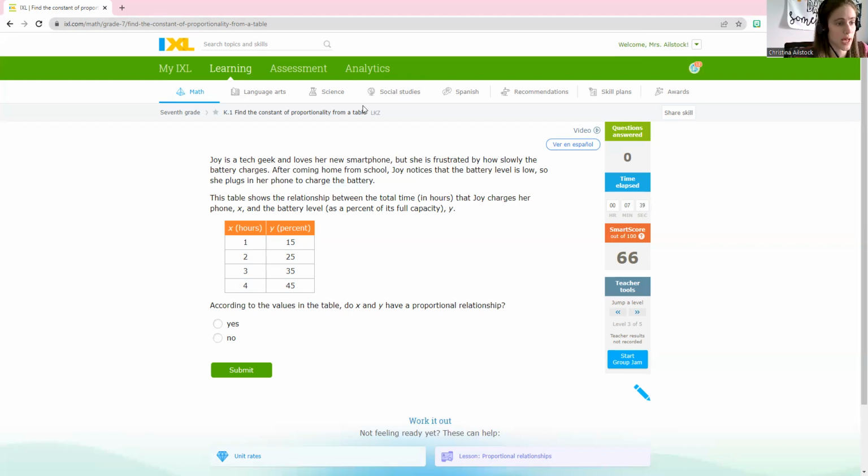So remember that our formula, I'm going to write it up a little bit higher so we have more room, is if it's going to be proportional, to find that constant of proportionality, to find that K, we take our Y value and divide it by our X. So for the first one here, I'll take that Y value of 15 and divide it by our X value of 1.